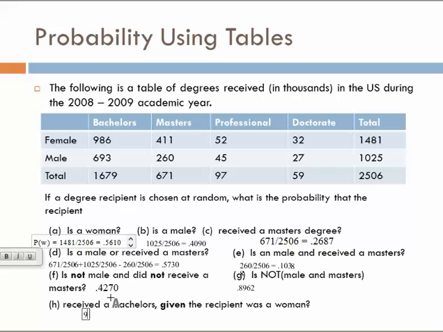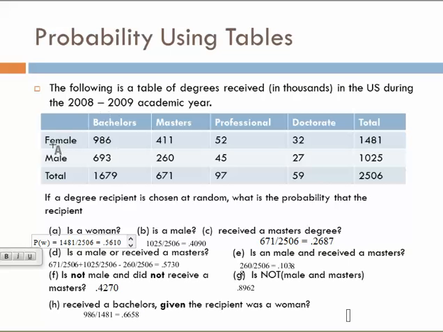We just take the 986 females that we have, and we're going to divide it by the number of females that we have in the study, which is 1481. When we do that division of those two numbers, we get 0.6658 as our outcome. And that is the probability that we would pick somebody that received a bachelor's.